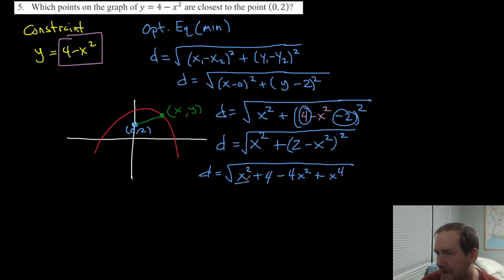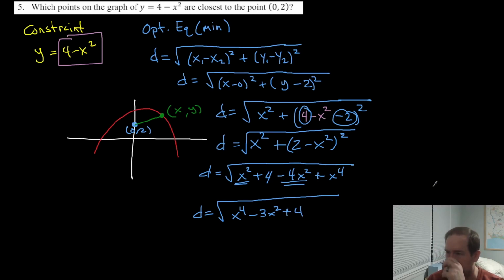And then I do have like terms in this x squared and this minus 4x squared. So when all is said and done, my equation is going to be a big old radical that has an x to the 4th underneath, minus 3x squared, plus 4, sorry.